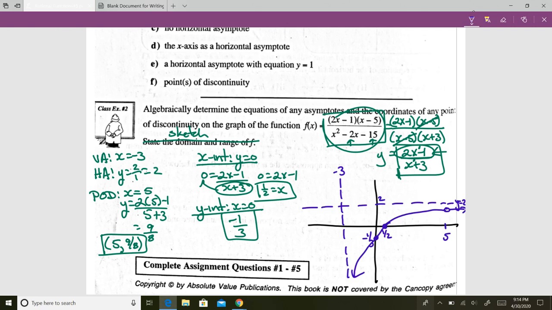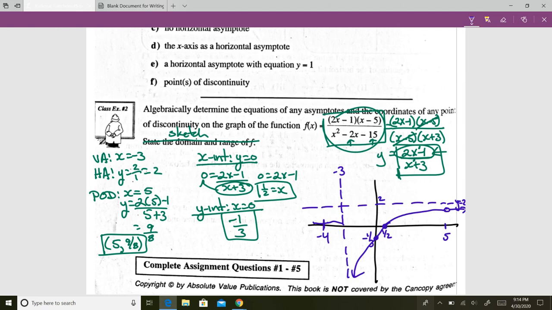You got to look at everything on this side of the vertical asymptote. If you don't know where it's going to be, in other words, you don't have another data point, pick a number that is less than -3. So just -4. Doesn't matter what it is. It could be -50,000, does not matter.